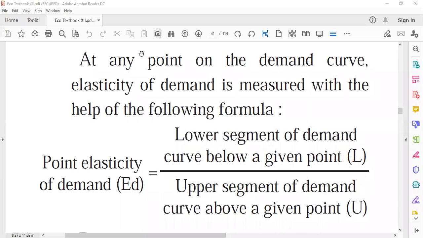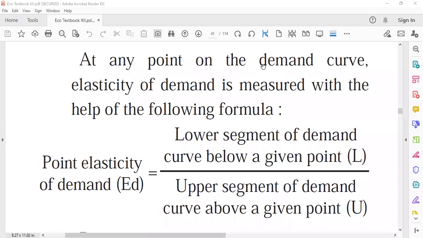In a case of a linear demand curve, we will extend the demand curve to touch both the axes. And that point on the demand curve divides the demand curve into the two segments.